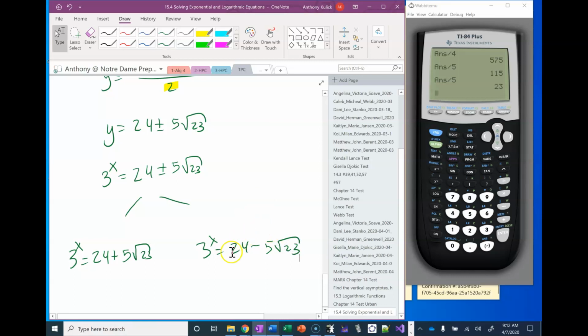Now, one thing I have to be careful about is that I know that I can't take the logarithm of a negative number, which is what I'm going to have to do. So I want to see if 24 minus 5 times the square root of 23 is a negative number or not. I'm not really sure what that's going to be just by looking at it, but if I type that into my calculator, I do see that it is positive, so it is okay.